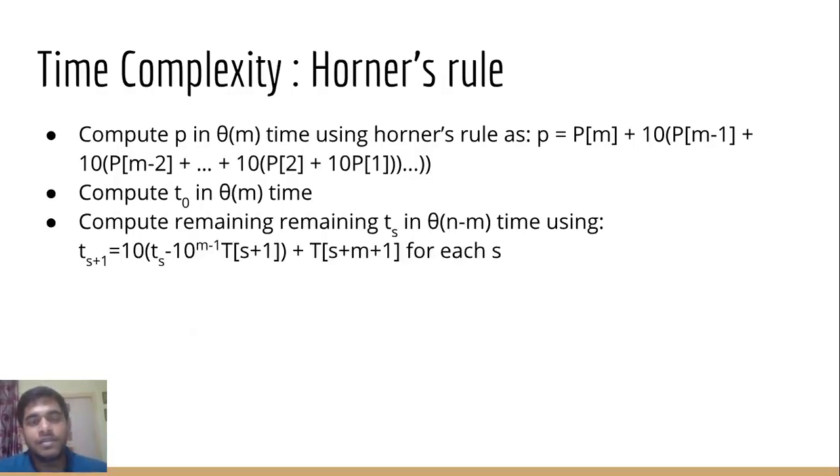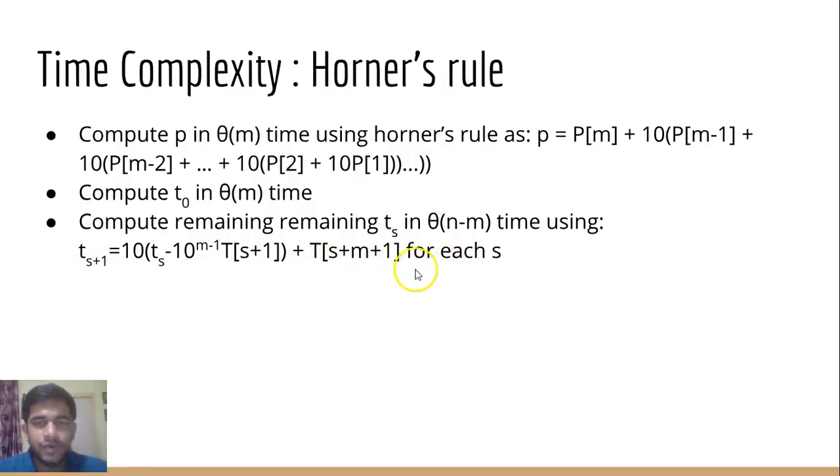Once we have done this, we can easily calculate the remaining TS using this recursive equation in theta n minus m time. What we do here is that we take TS and subtract the first digit of the original TS, multiply it with 10 to create a space for 0 at the end, and then we basically add the units digit of TS plus 1.